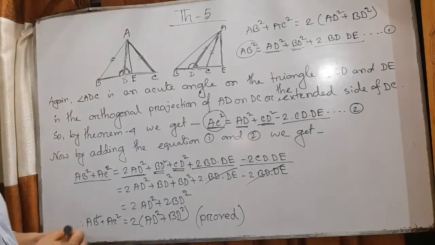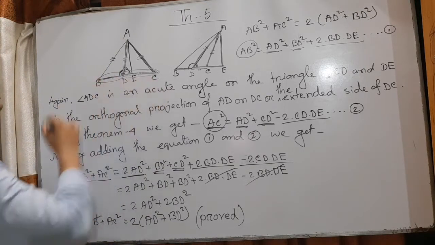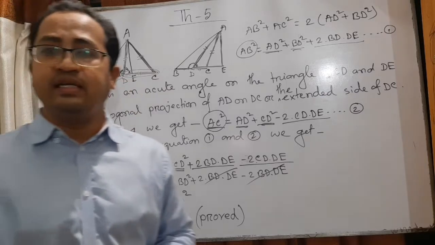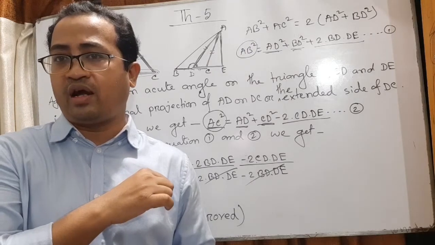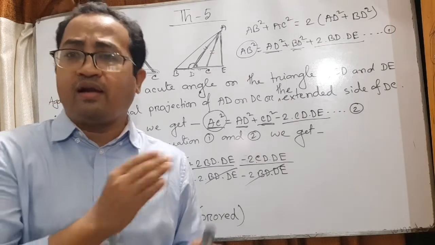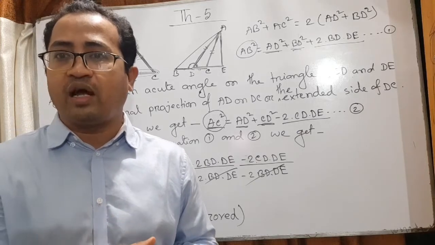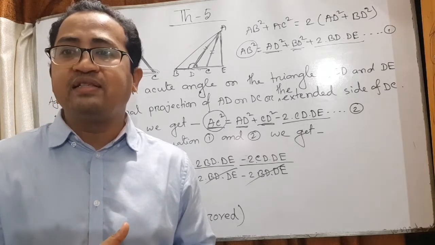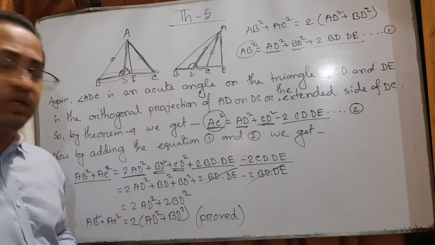Now look, actually BD and CD are equal. Why? Because D is the midpoint of the line BC. Earlier I have told about that. D is the midpoint of the line BC, as AD is the median. So BD and DC are equal.